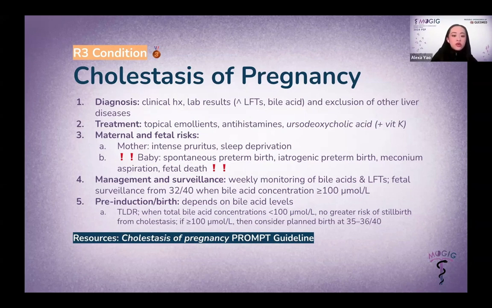So for bile acids below the threshold of 100 micromoles per litre, the risk of stillbirth is roughly similar to the general population, so delivery at term can be considered. For those with bile acids at or above that threshold, there is an elevated risk of stillbirth. And so earlier delivery at 35 to 36 weeks might be warranted after discussing the risks with the patient.